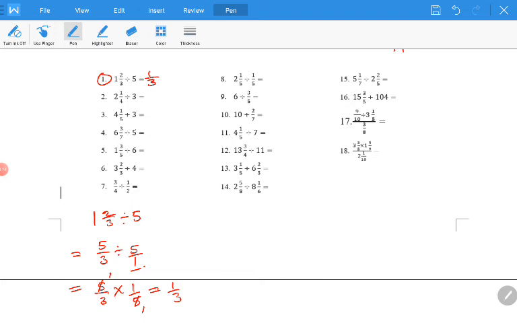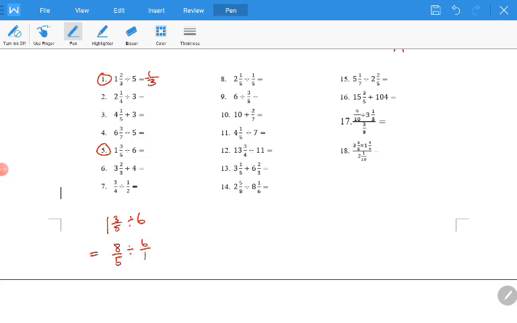Then let's look at question number 5. Using a similar technique, we can say 1 3/5 divided by 6. This is equals to 8/5 divided by 6/1.